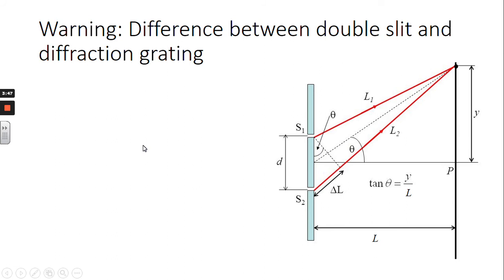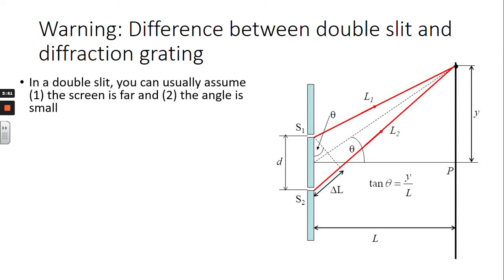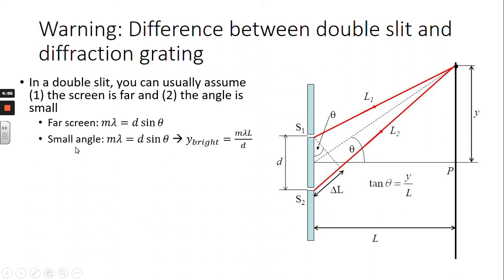Warning, here's a difference between double slit and diffraction gratings. In a double slit, you can usually assume that both the screen is far and the angle is small. So our far screen approximation, m lambda equals d sine theta, that's good. And then also, for a small angle, this can become y bright equals m lambda L over d.